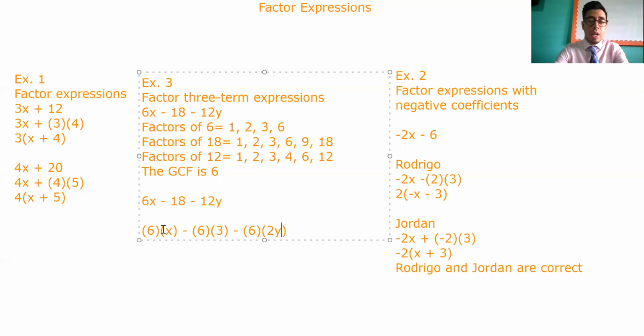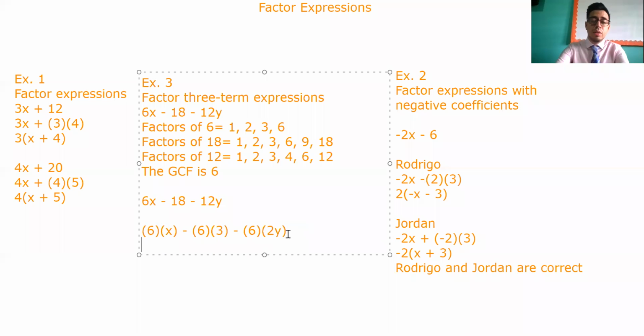6 times x is 6x. 6 times 3 is 18. And 6 times 2y is 12y. Look that they are negative, okay? They are negative. Then, the only thing that I need to complete is to take the greatest common factor.